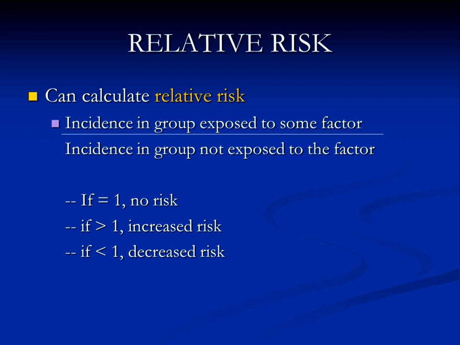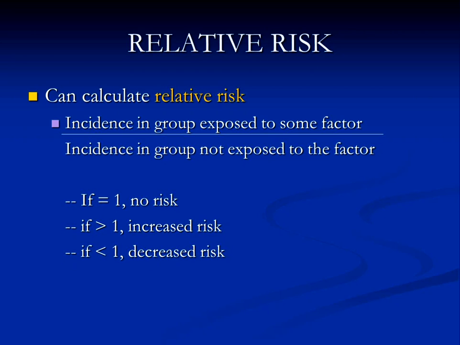That's your outcome. So how you interpret that is that if you have an outcome or a number that is less than 1, it means that you're at decreased risk of getting the disease if you're exposed to that factor.